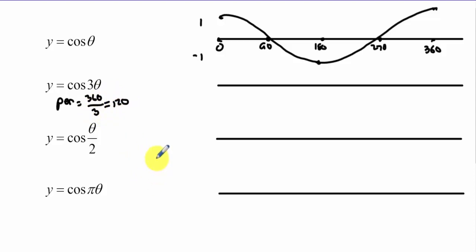Now you'll notice every one of our graphs up to this point has had basically 4 spaces in them. All right, here's 1, 2, 3, 4 spaces. Those 4 spaces basically notate the 4 quadrants that the circle goes through.